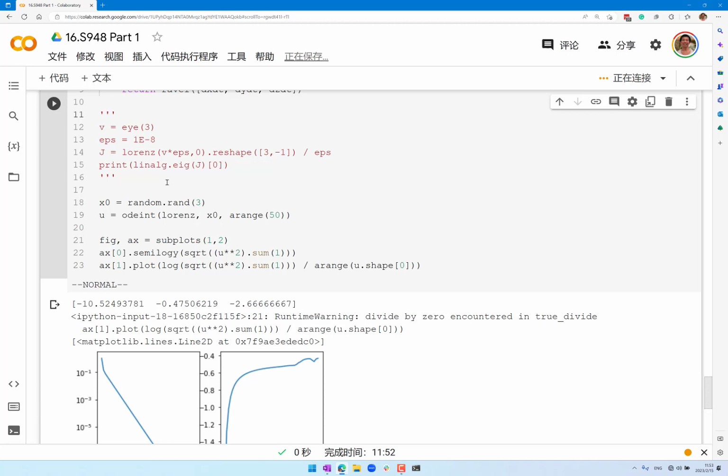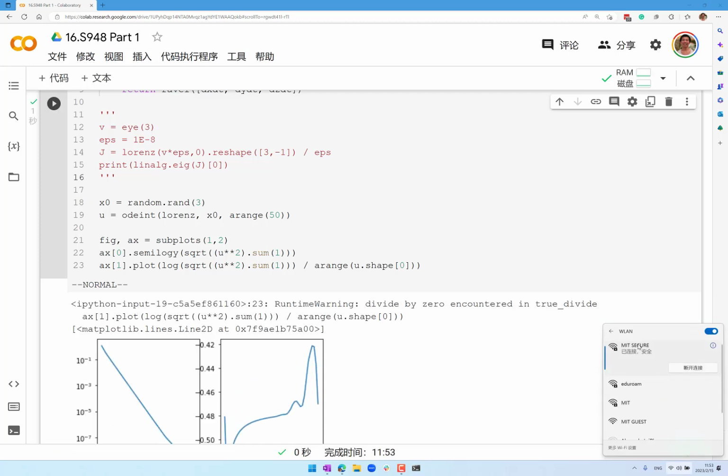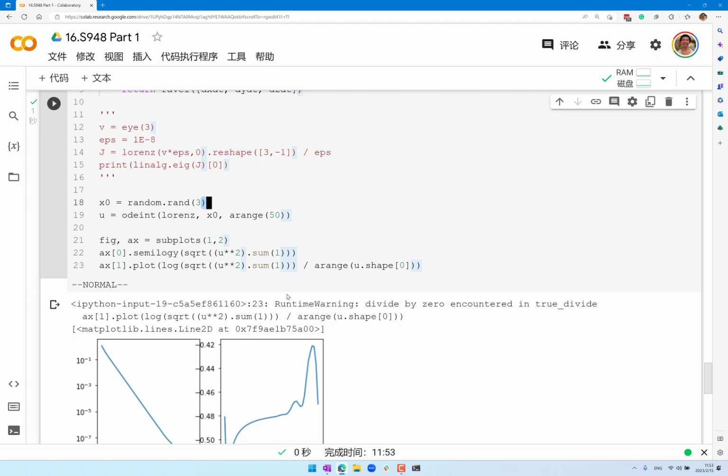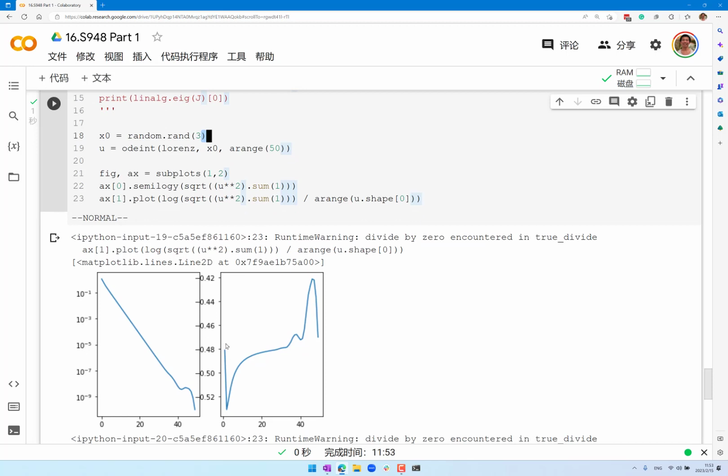What happens? Somehow I'm off the internet. Okay, it's connected back again. So if I comment this out, we don't have the exact answer, but it doesn't affect the iterative scheme. So what happens over here? Any guesses?